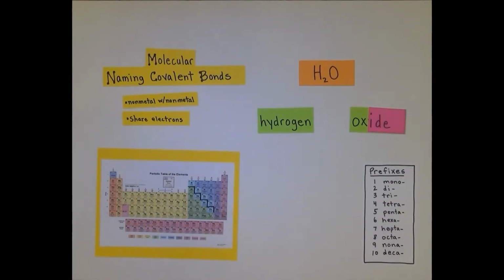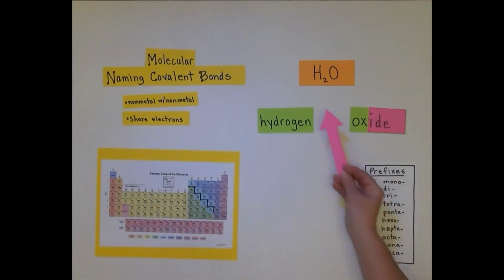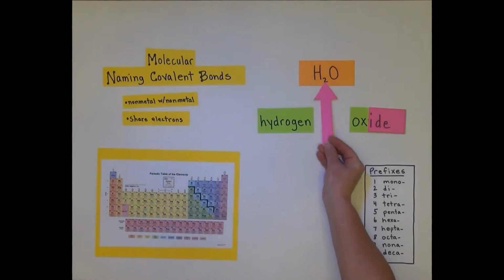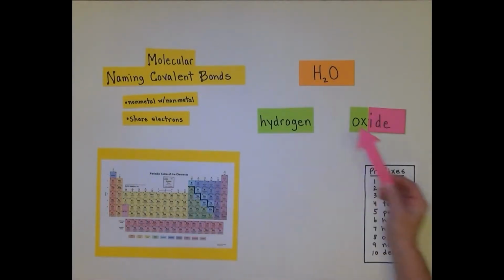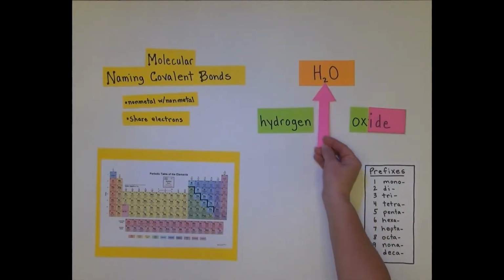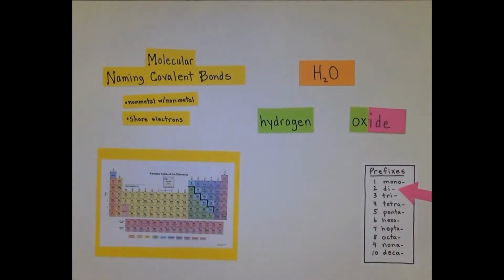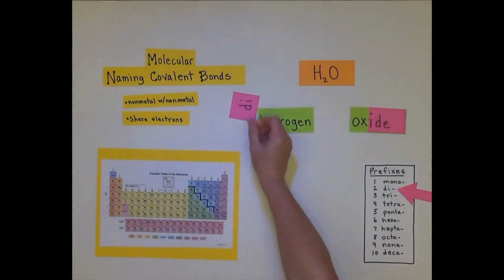Only covalent bonds have prefixes, and what you need to do is look at the subscripts in your formula and then take a look at your prefix list. This list of prefixes is very important, and you should memorize them so that you don't have to continually look them up. So again, H in H2O, there are two of them, so we find 2, and that's the prefix di. So we're going to put the prefix di in front of hydrogen.